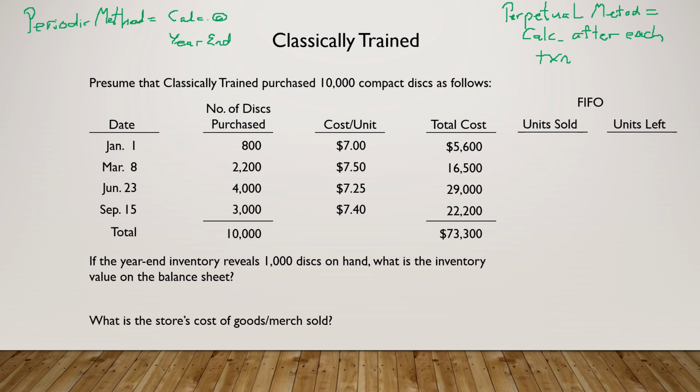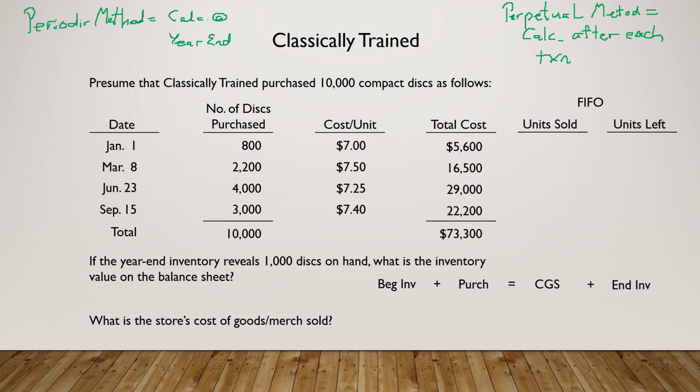To start filling out that units sold column, we can start playing with that formula. Beginning inventory plus purchases equals cost of goods sold plus ending inventory. We know how much inventory Jim acquired, and we know how much is left. So we want to solve this equation for cost of goods sold.